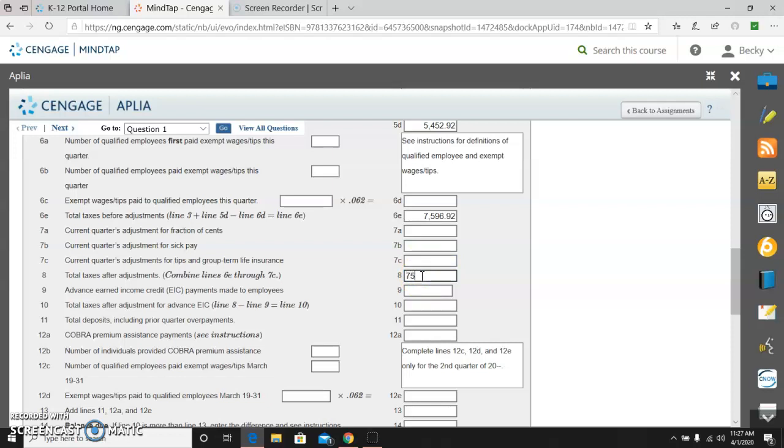So 8 and 10, because we don't have anything weird or adjustments going on, all these other things like 7A, etc. So we would put zeros in those typically. The same number on line 10.